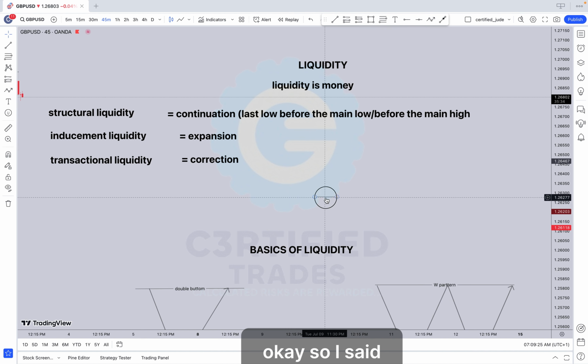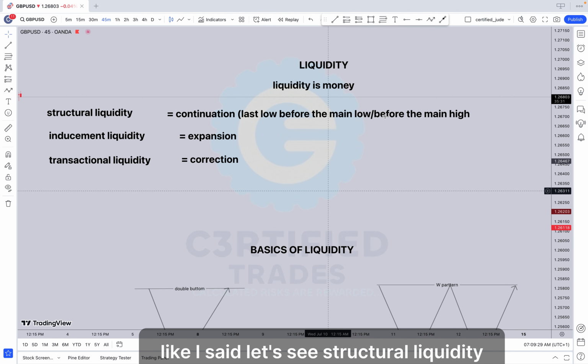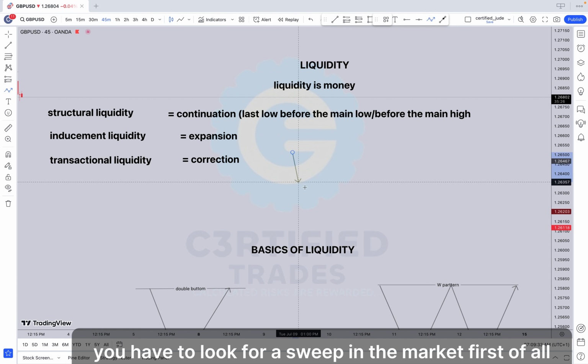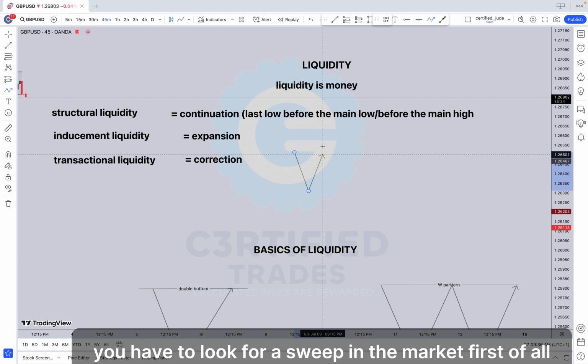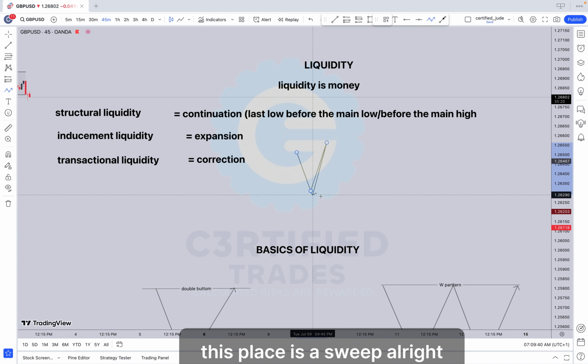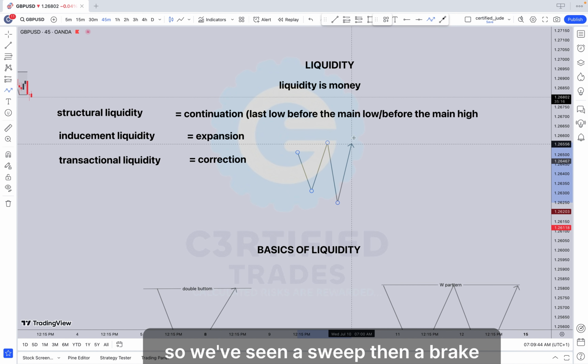Like I said, let's see how structural liquidity works. First of all, you have to look for a sweep in the market. This place is a sweep. So we've seen a sweep, then a break.